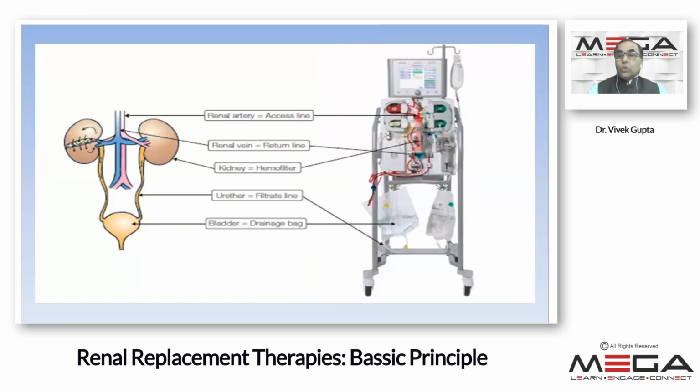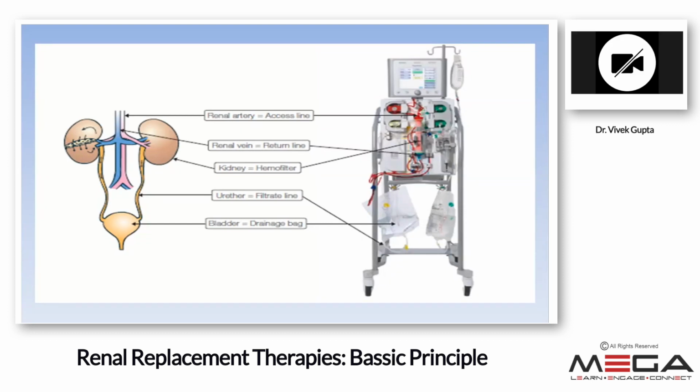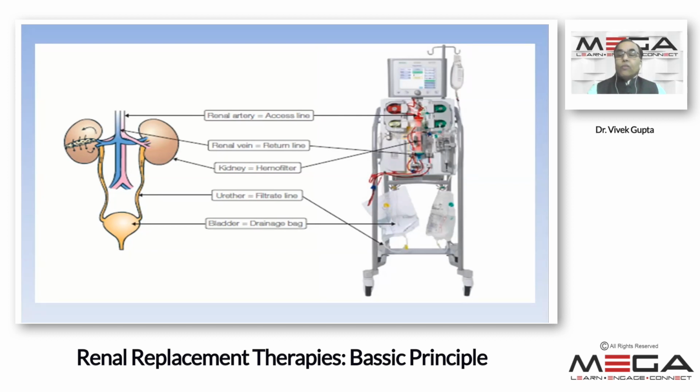But just to compare this with what these renal replacement therapies do. If we talk about the renal artery, in any kind of renal replacement therapy, it is like an access line, where we are taking the blood. The renal vein is a return line, where blood is going back from the kidney after the filtration.